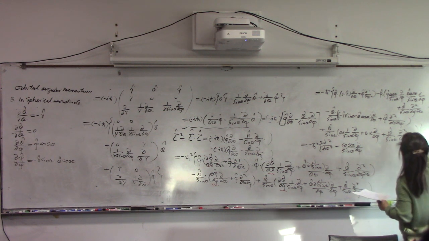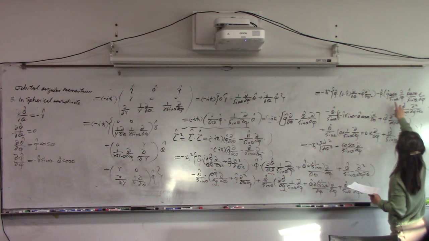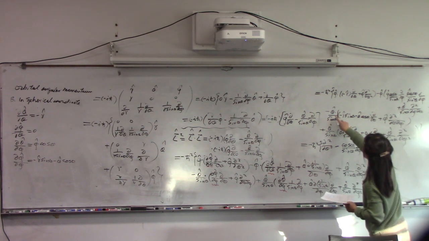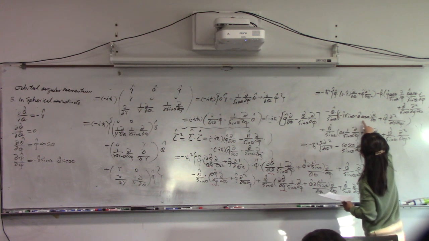Okay, so this second term is the only non-zero one. Then the third one, this inner product theta hat with r hat, is 0, only this term. So minus can become plus.